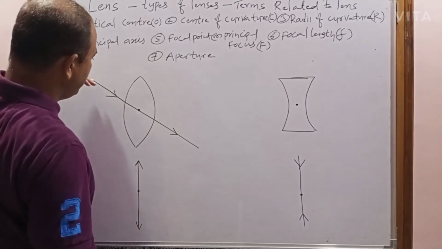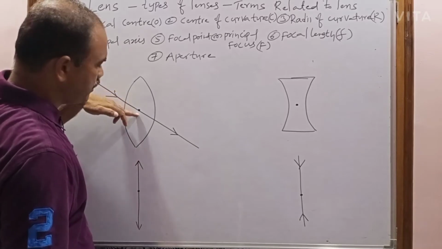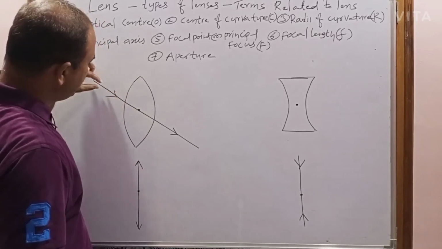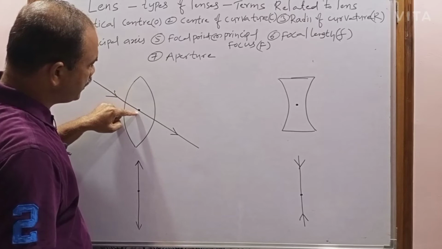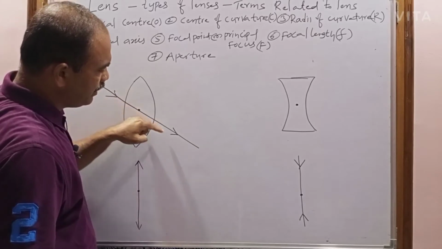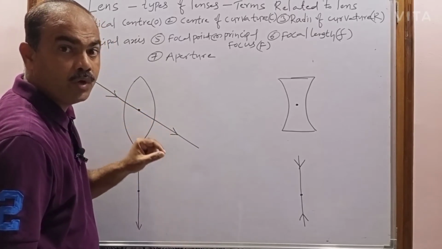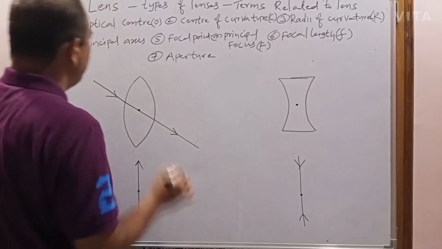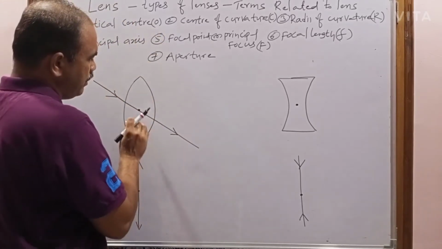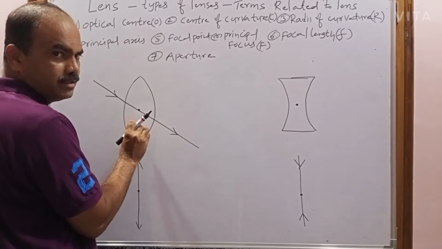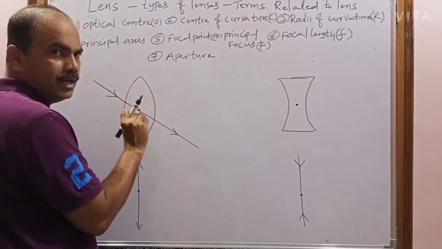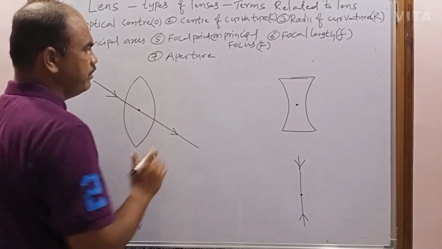So what is the optical center? It is the midpoint of the lens through which the light is refracted without deviation.